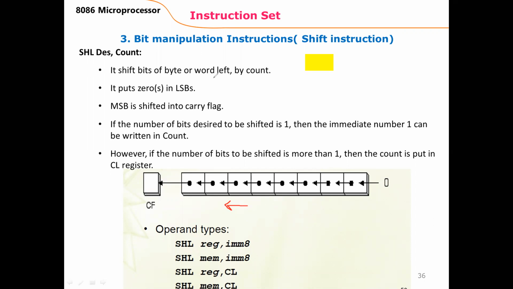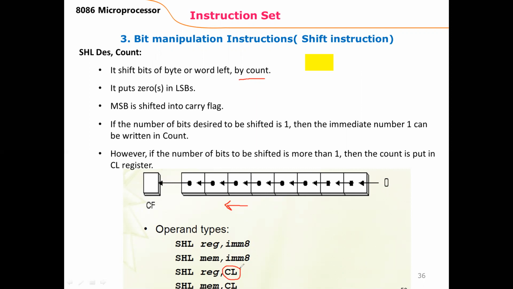If we are operating on 8 bits, we can use AL, AH, BH, BL, any general purpose 8-bit register of 8086. And here we also have this count. So for example, if we are shifting it one time only, then we can write 1 here. Or if we want to shift it more than one time, then the count is always stored in the CL register. So for example, we want that our number should be shifted 4 times.